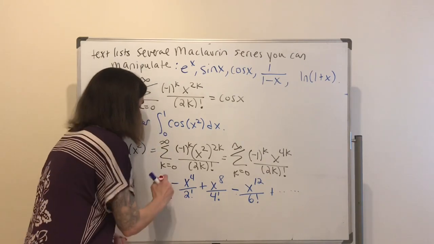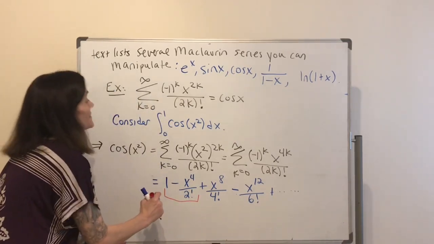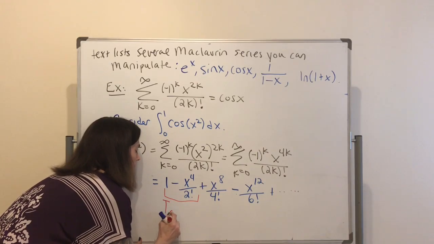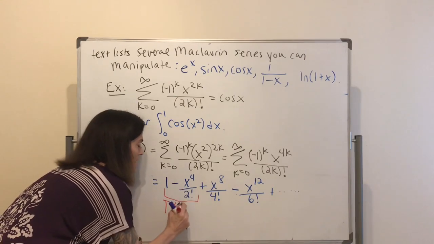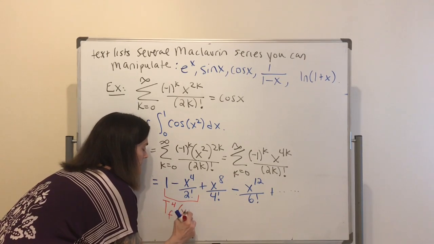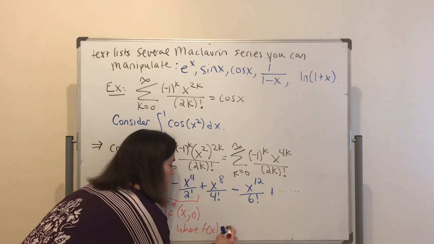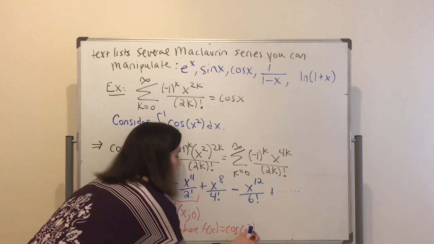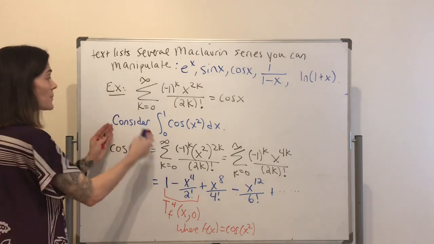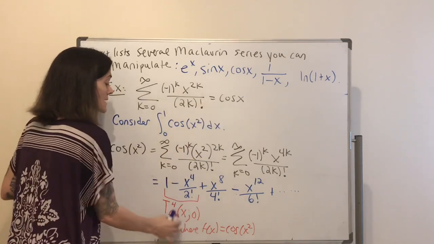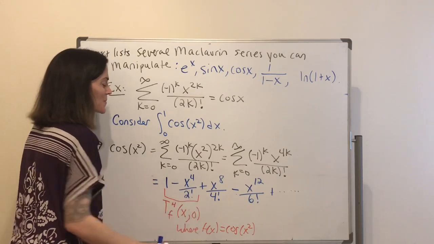I'm going to use these two. I could even write this as T_4 of f at x, centered at 0, where f of x is cosine of x squared, because I see a 4 here. Even though I didn't build it from the definition by taking derivatives, I built it by manipulating a known Maclaurin series. This is the 4th order Maclaurin polynomial, for example.